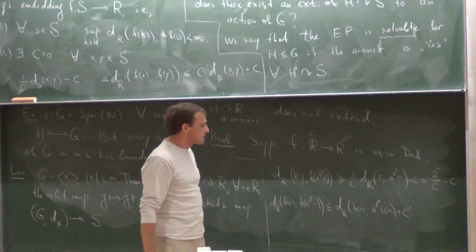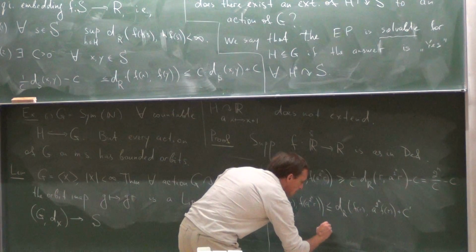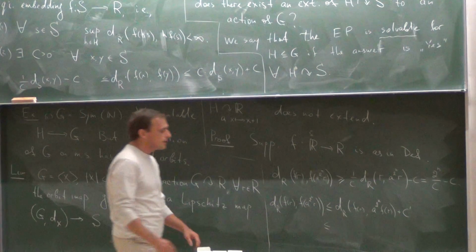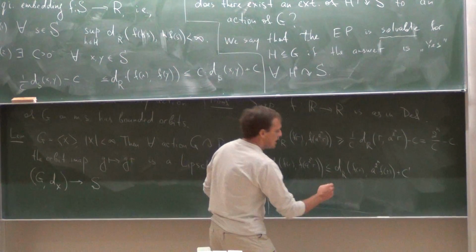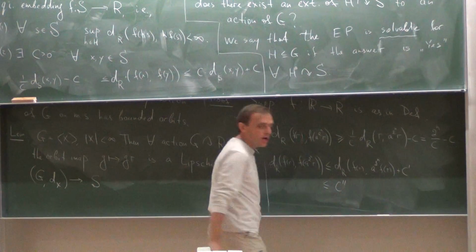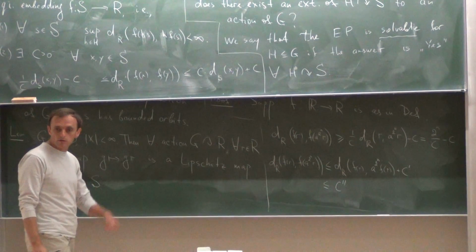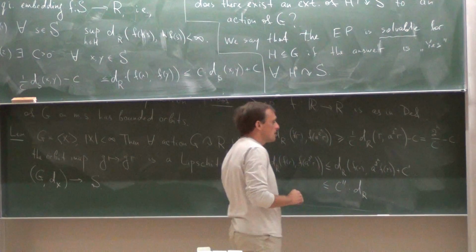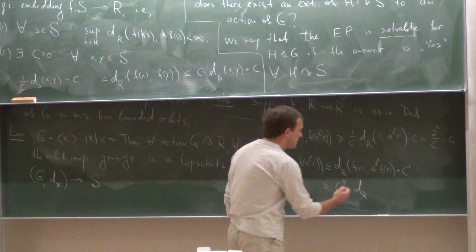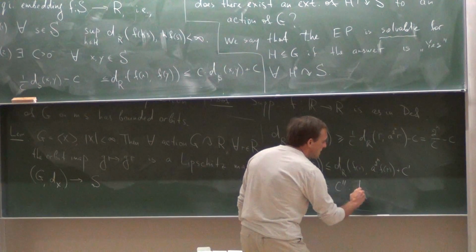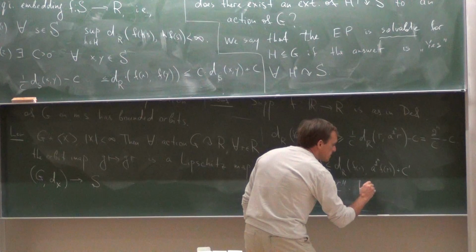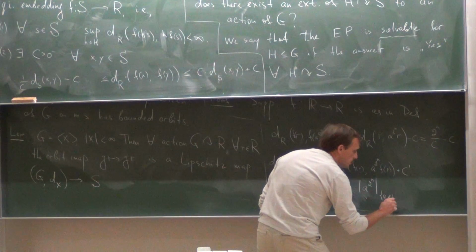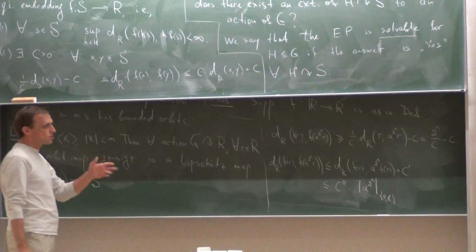Here I use almost H equivariance, which is at most, because this orbit map is a Lipschitz map, some c double prime, where c double prime is the Lipschitz constant from this lemma, times the length of a to the 2 to the n with respect to the generating set a, b. So I apply this lemma to the generating set.